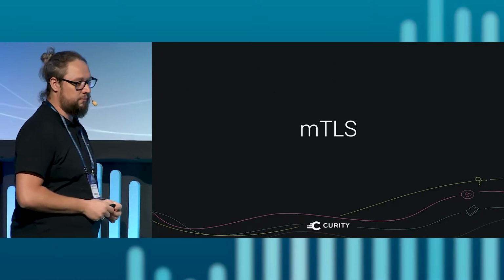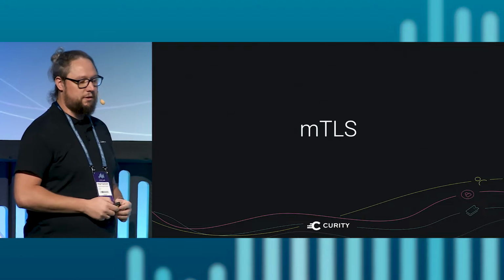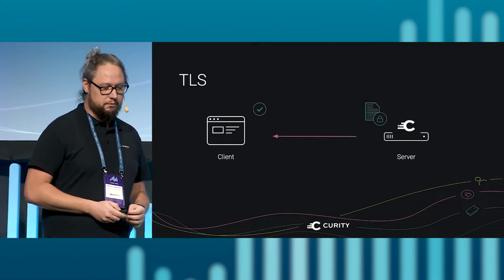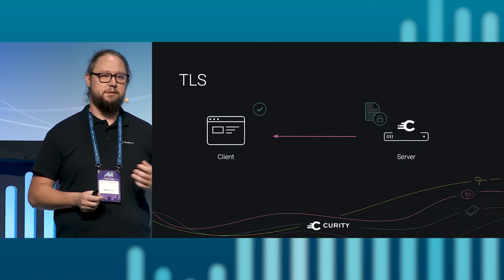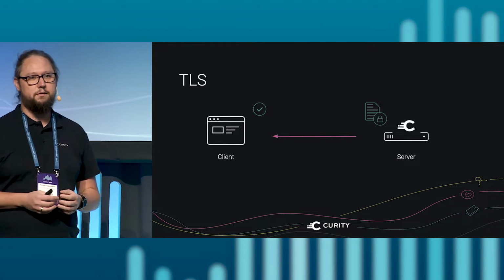Doesn't matter what industry you're in, what business you represent. If you need more secure APIs, you can have a look at these. So let's quickly start with mTLS. mTLS stands for Mutual TLS, and this is the one that you might be quite familiar with.